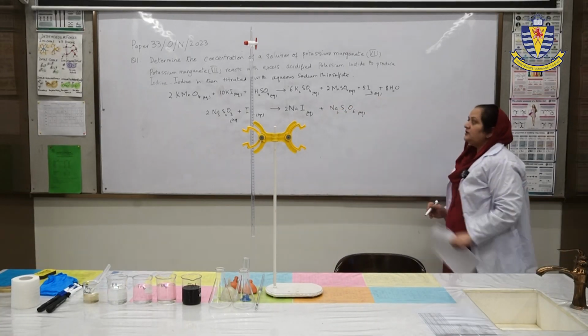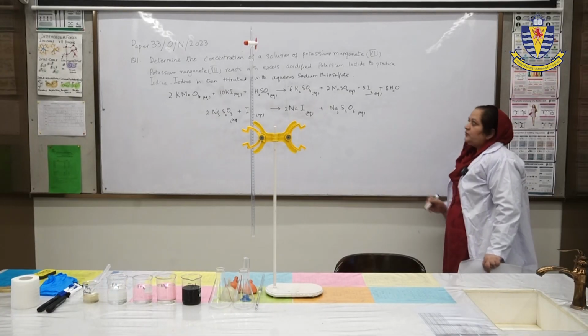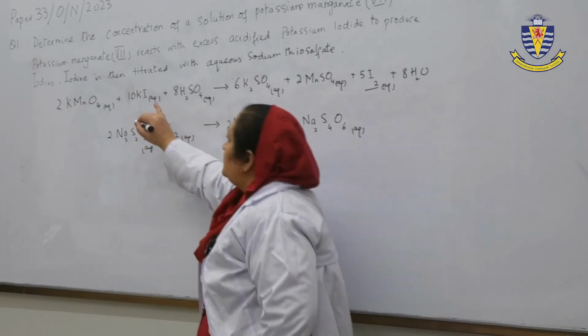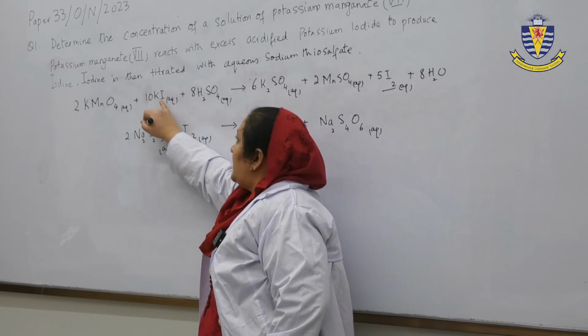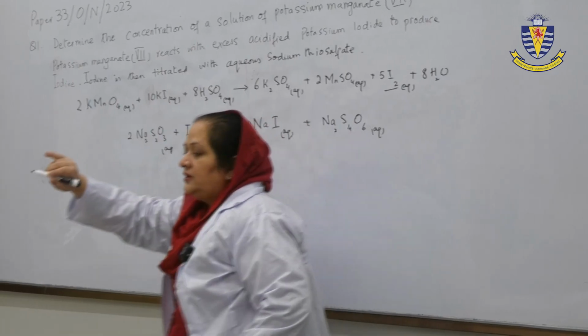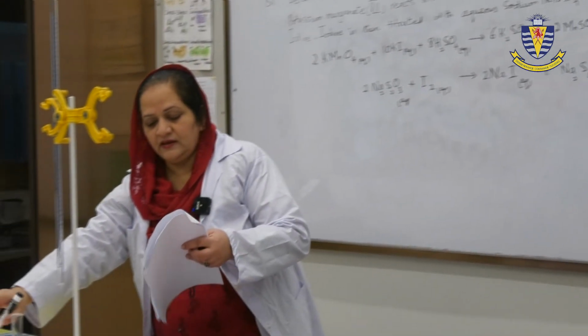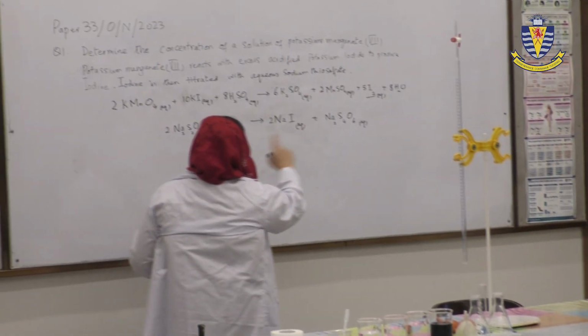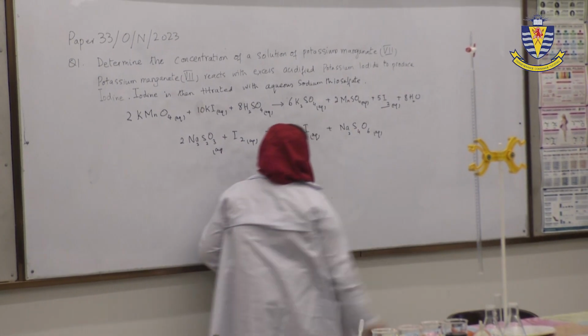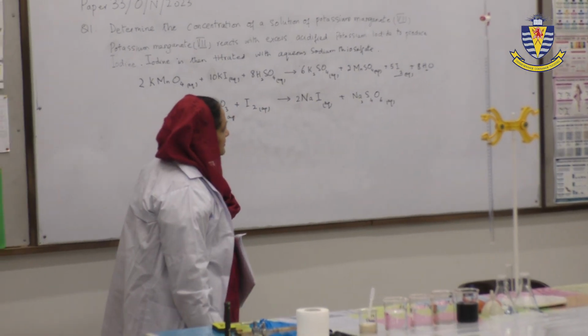This liberated iodine will convert the FA2 solution, which is colorless, into a reddish brown color.